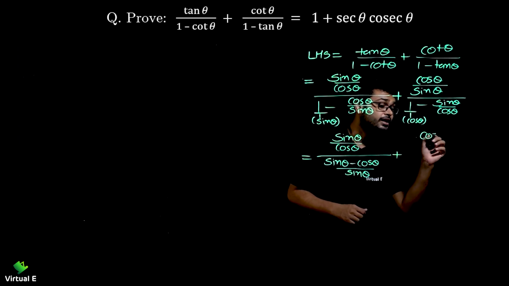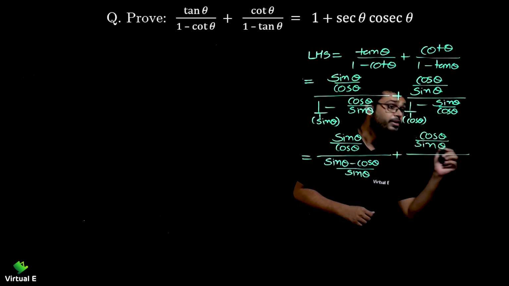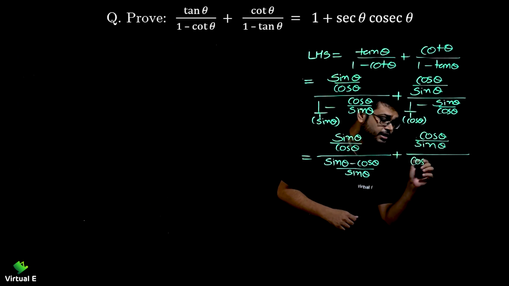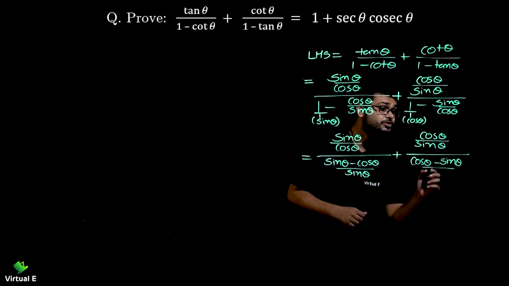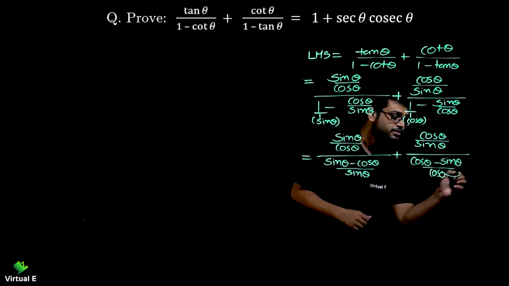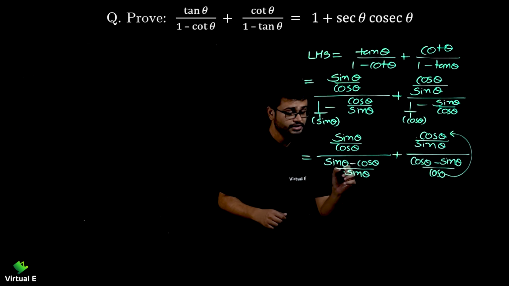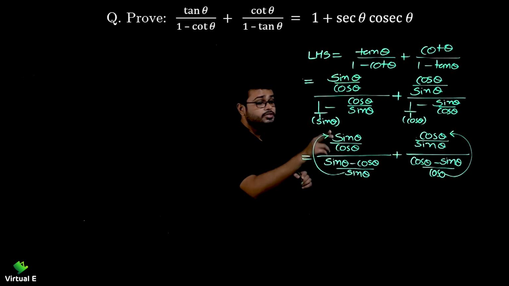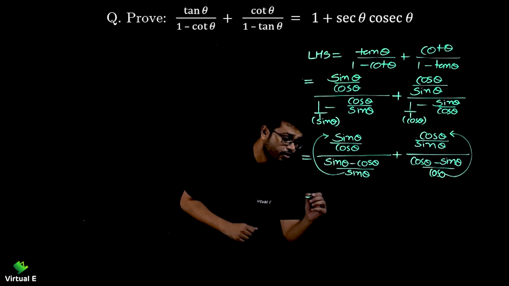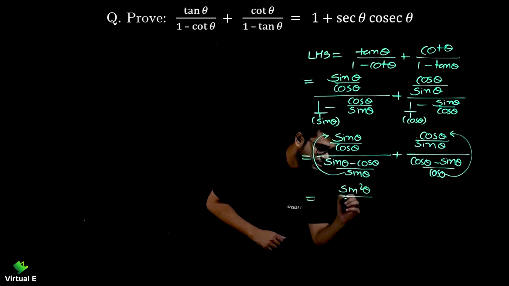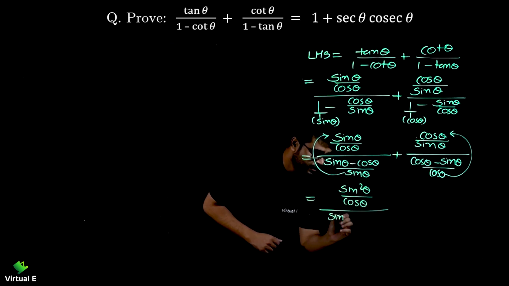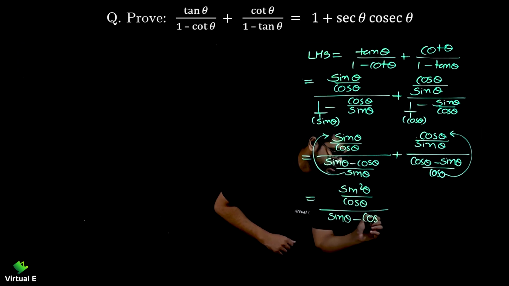So cos theta as it is over sine theta as it is, and in the denominator it is cos theta minus sine theta, and the LCM was cos theta. So this cos theta will go into the numerator, this sine theta will also go into the numerator. So sine theta into sine theta, it will be sine square theta over cos theta as it is, and in the denominator sine theta minus cos theta.